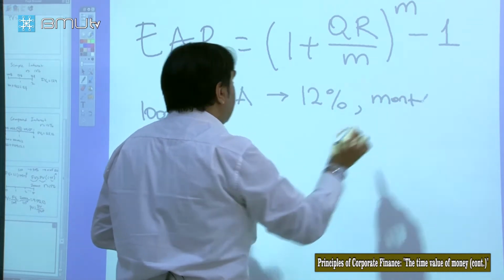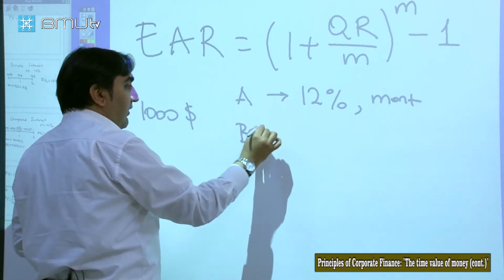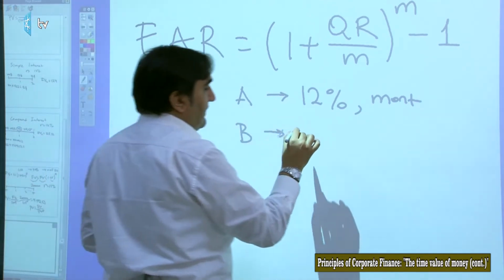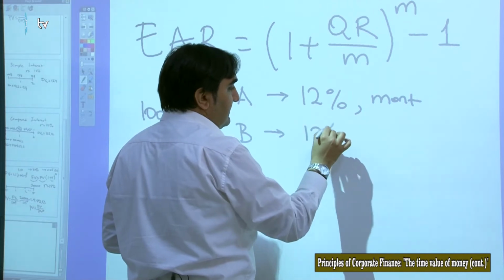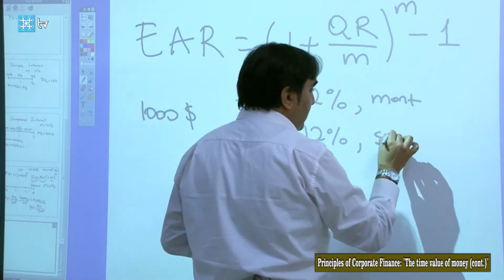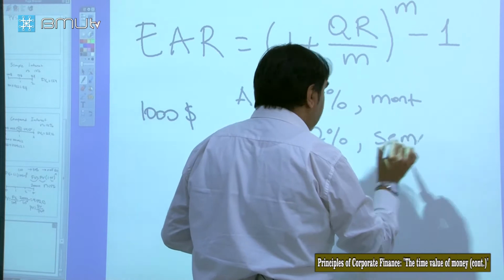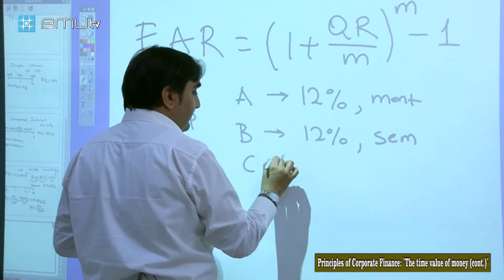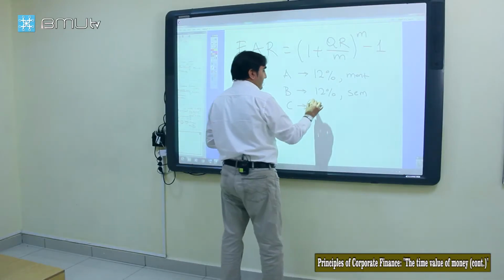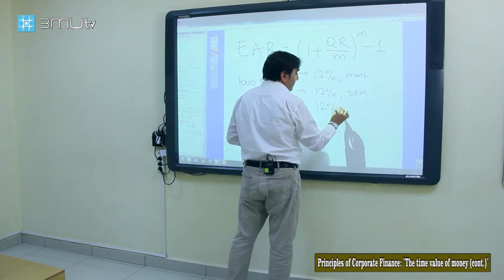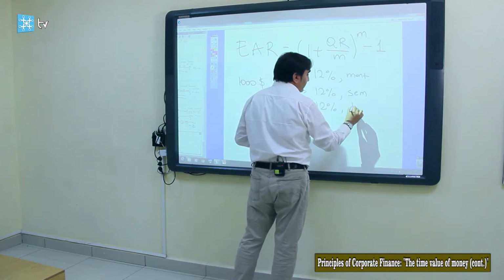Bank B offers 12% compounded semi-annually, and Bank C offers 12% compounded daily.